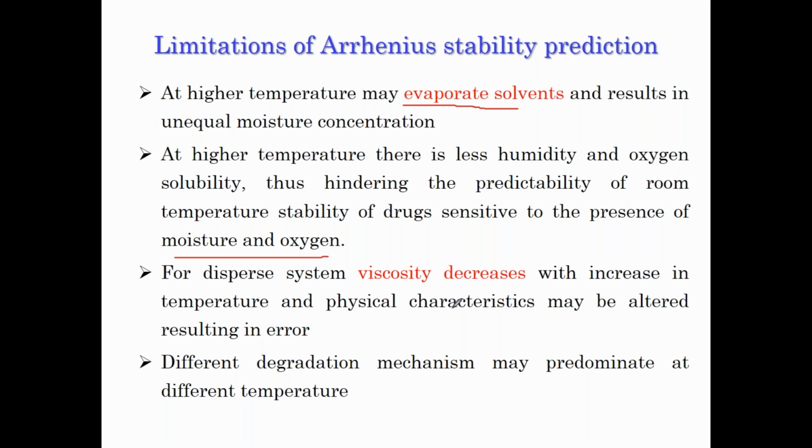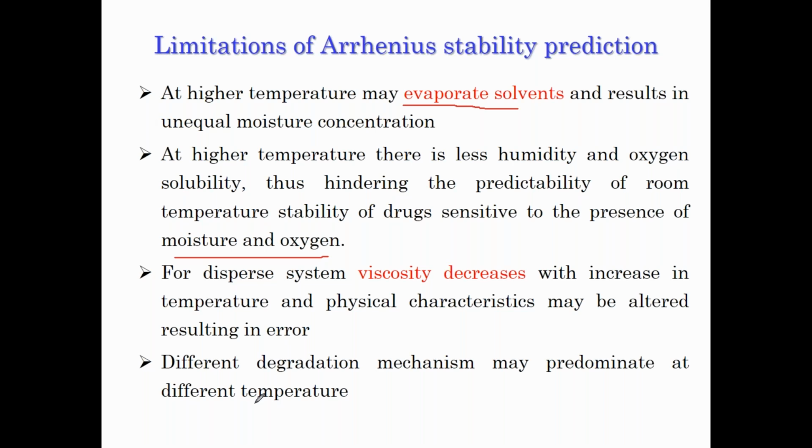The next one is the viscosity decrease. This is a change in the physical property of the preparation itself, because there is a direct relation between temperature and viscosity. As the temperature increases, viscosity decreases. So it is going to alter the physical characteristics. Again, that can add up to an error in the result we get out of it. And again, a different degradation mechanism may predominate at different temperatures.